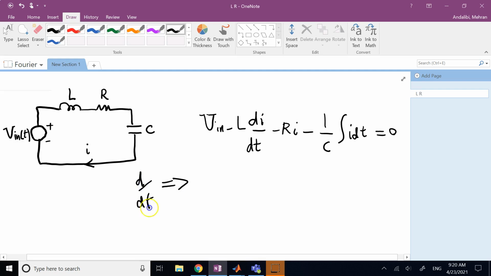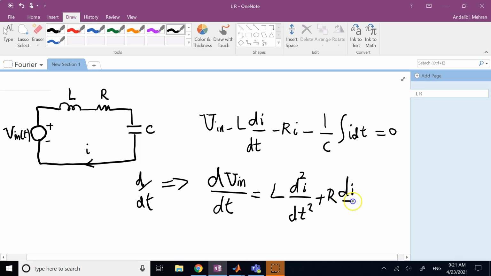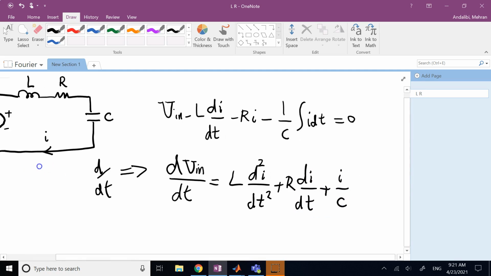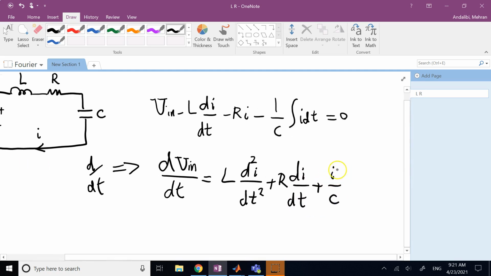And if you do, then you will get d of V in over dt is equal to L second derivative of I with respect to time plus R first derivative of I with respect to time, and then plus I over C. And here, if the goal is to find I of t given a specific V in of t, then you're solving for a second order linear differential equation, correct?